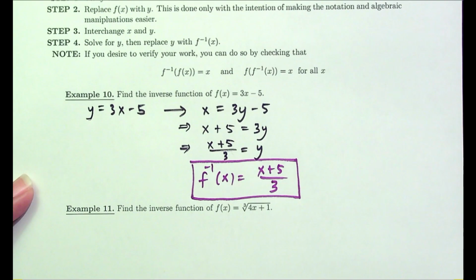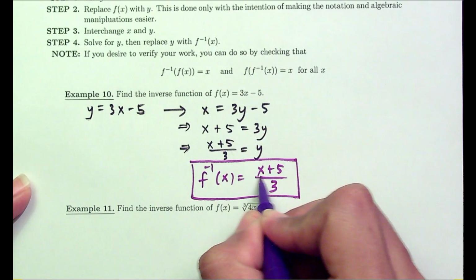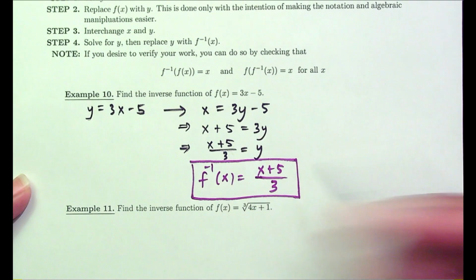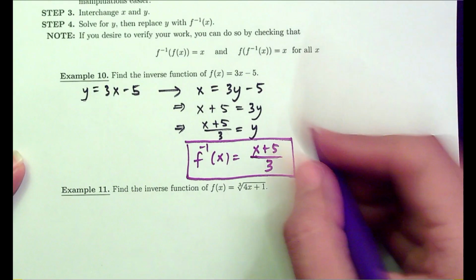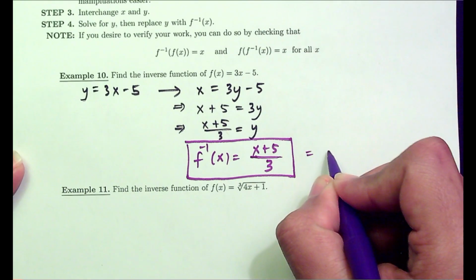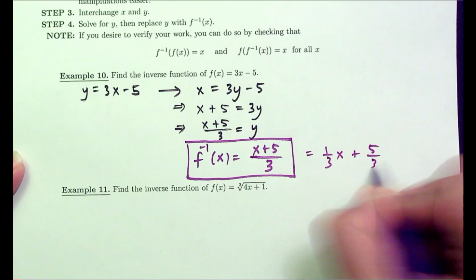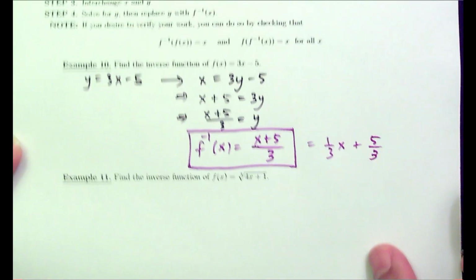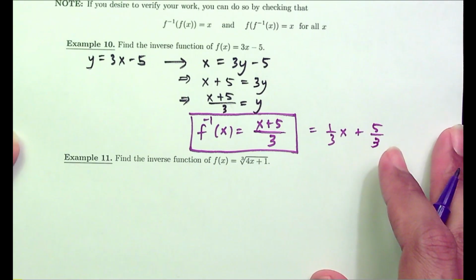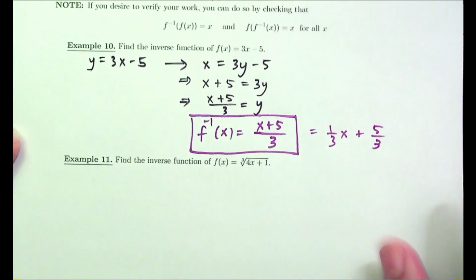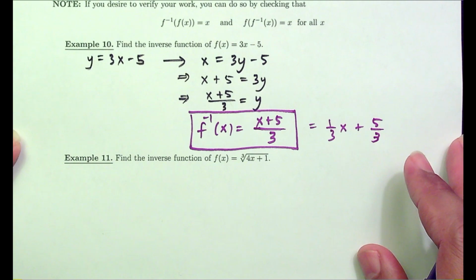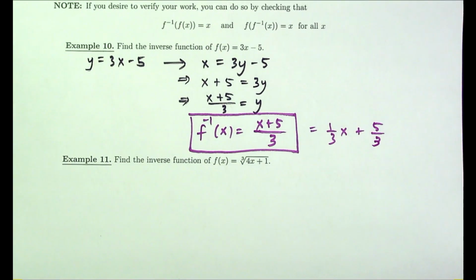You could write the answer like this if you want: 1/3 x plus 5/3. Same thing. It's all the same thing. My math should accept it, or whatever online system we use in the future.